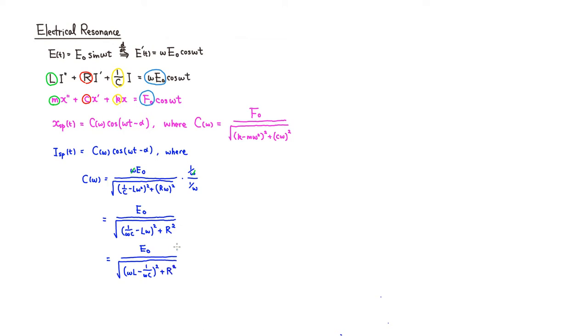There's some new terminology here. The denominator, this expression, we usually call Z, and this is called the impedance.